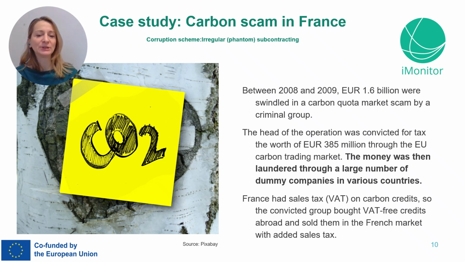And here is how it worked. France applied sales tax (VAT) on carbon credits. The group exploited this by buying VAT-free credits abroad and then reselling them in France with VAT added.